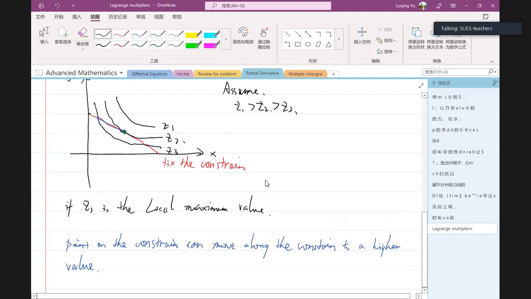But if you want to choose a point on Z1, all the points on Z1 are outside of the constraint, so you cannot find a point on Z1 which satisfies the constraint.